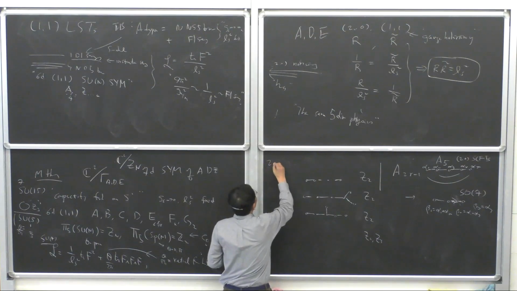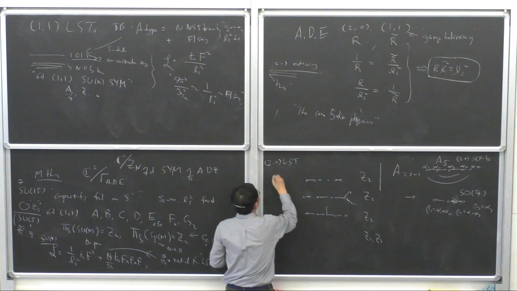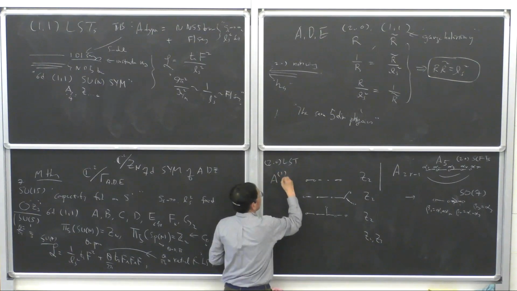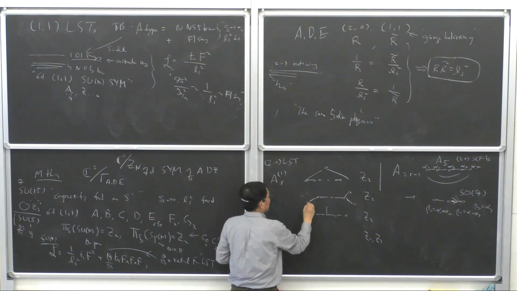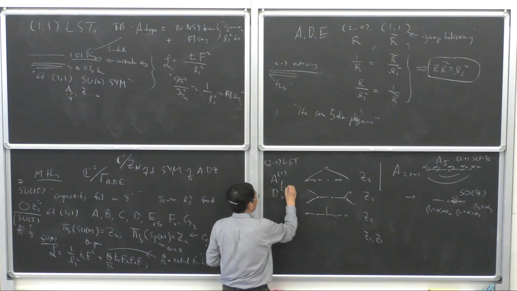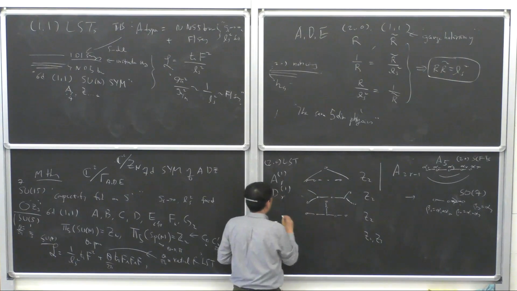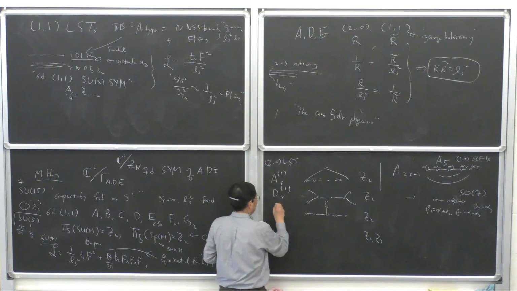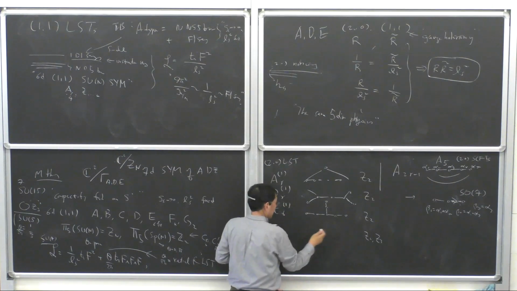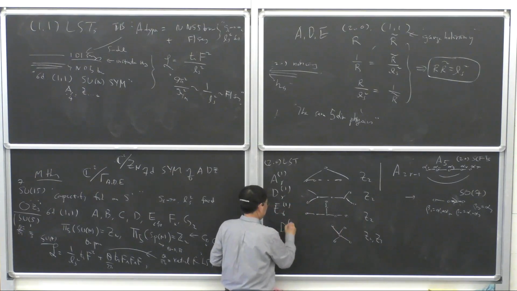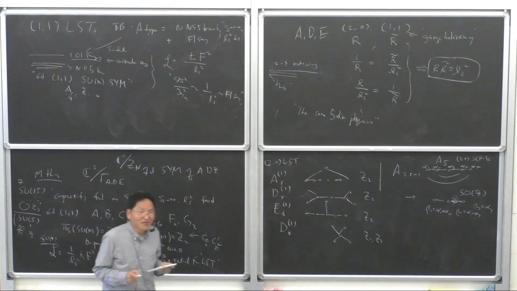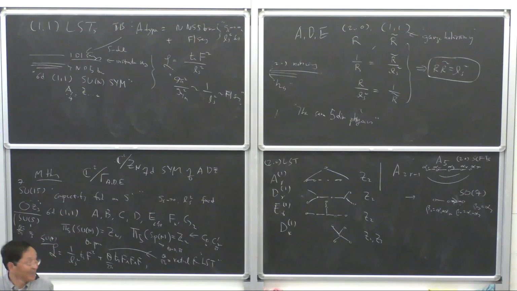So we have the affine node, and then we have the affine node for, for example, E8, T4. And even though those are not CFTs, as we did the twisting of the (2,0) conformal field theory, we can twist these theories.